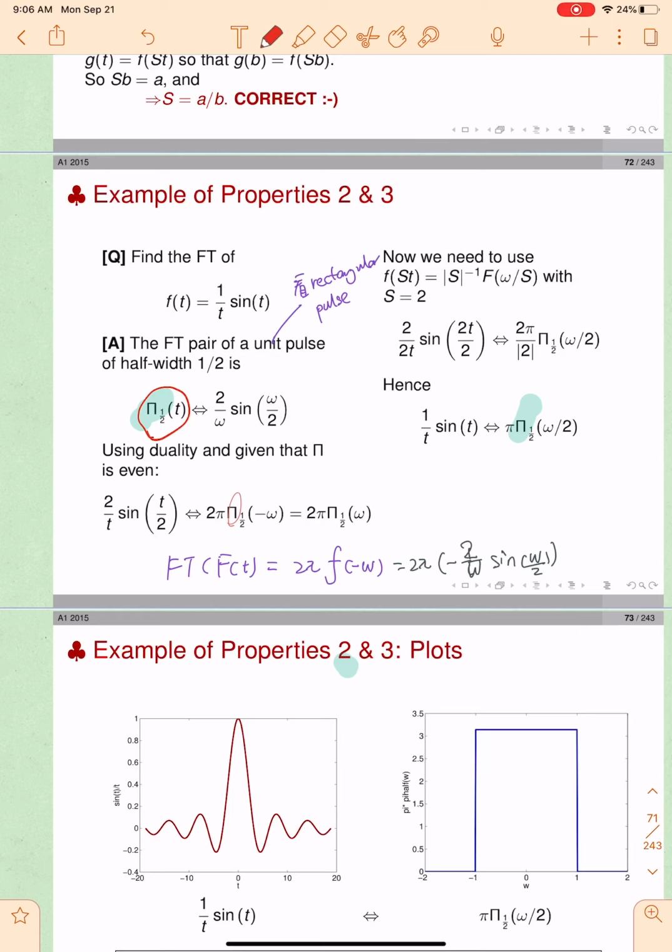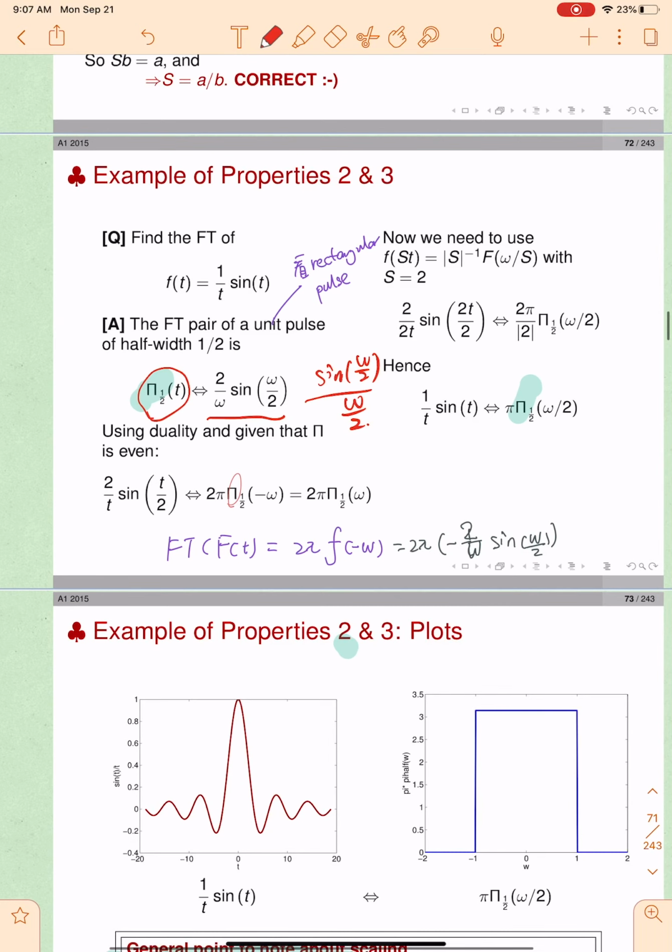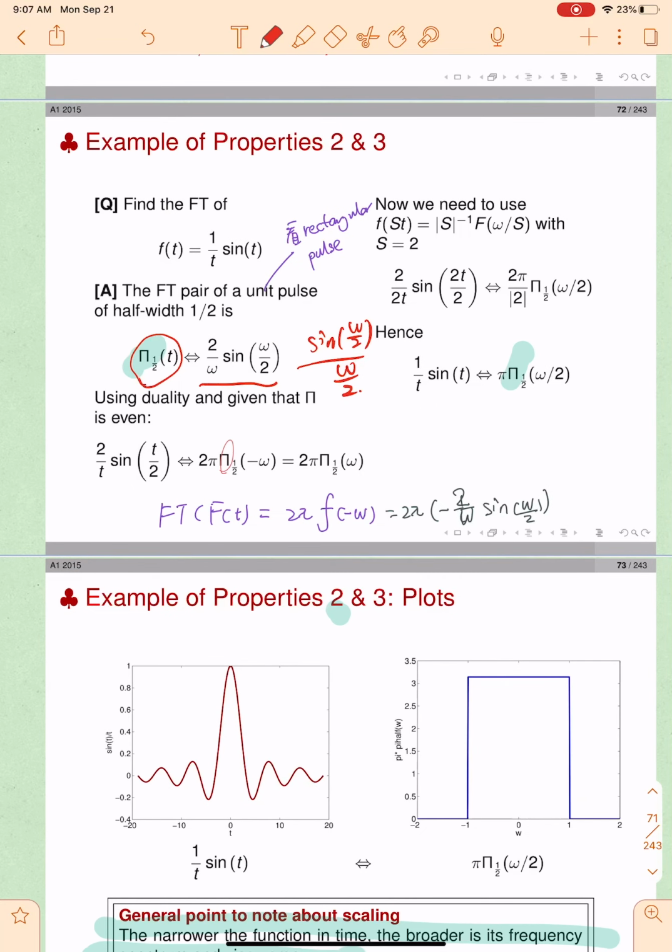It will be transformed into a sinc function, sine omega over 2 divided by omega over 2. Then we want to replace omega by t.